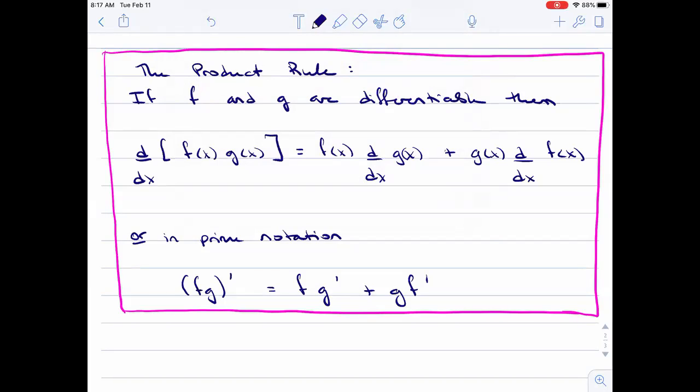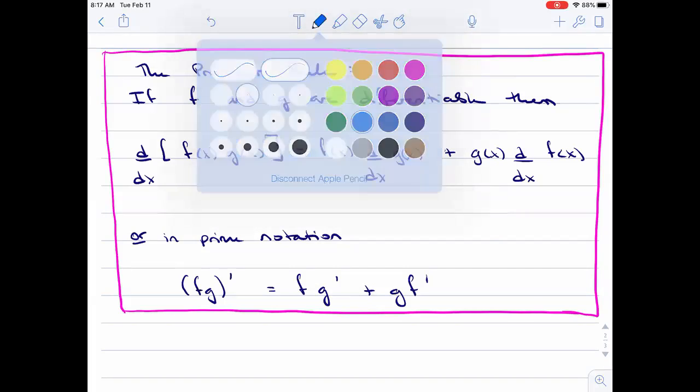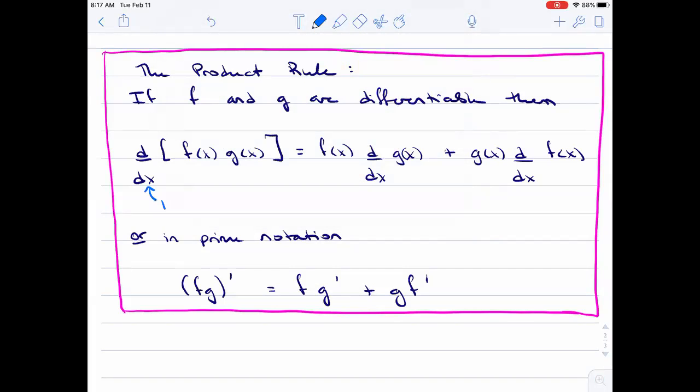What notation was that? Leibniz notation, the d/dx with the differential operators. I'll say this is a differential operator.